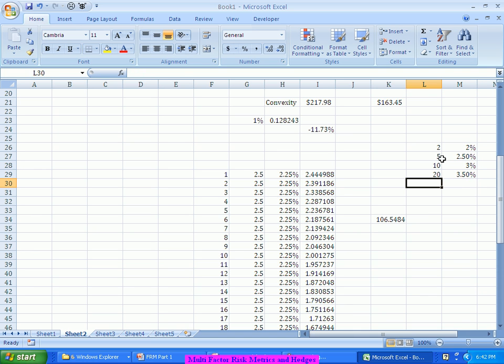Now, you are using only these 4 rates, but your coupons are there across all the rates. So if you are talking of this 2% here, you take it as 2%, which is 2 years. But this will have an influence right from this to here as well as this to here.